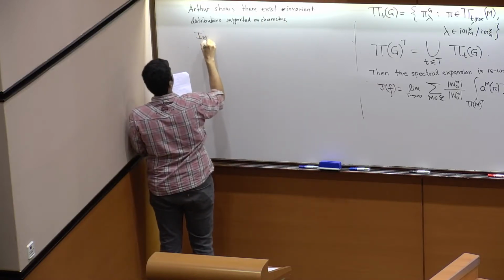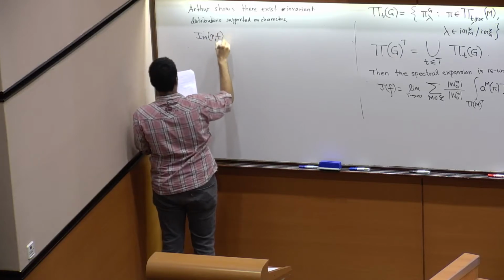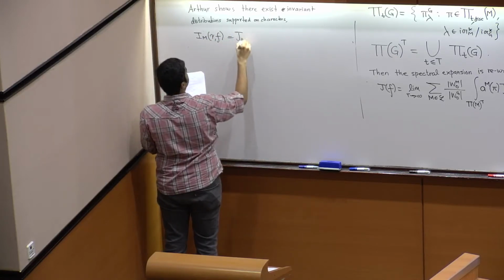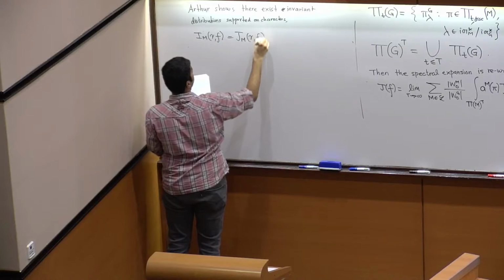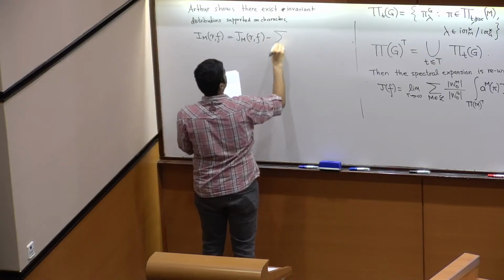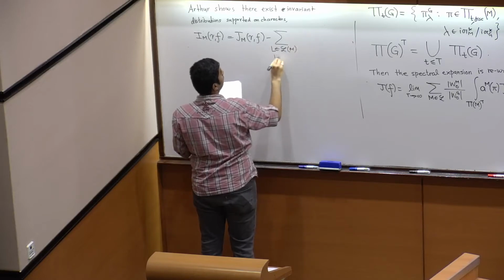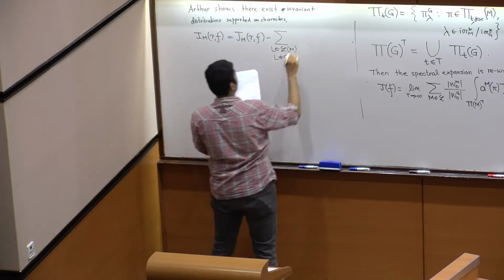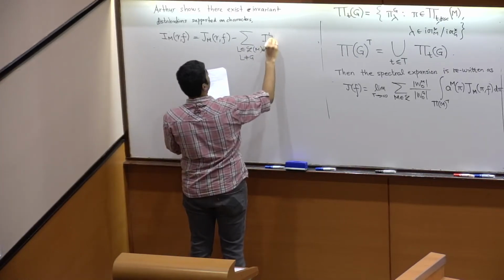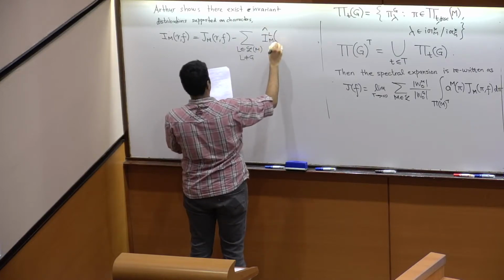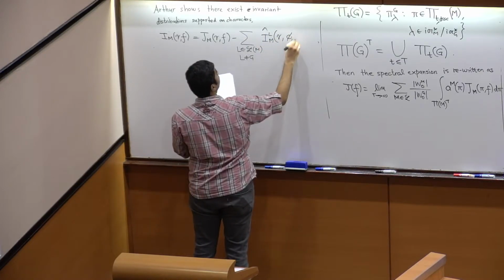I_M(gamma, f) equals J_M(gamma, f) minus the sum over L in L(M), L not equal to G, of I_L^M hat(gamma, phi_L f).